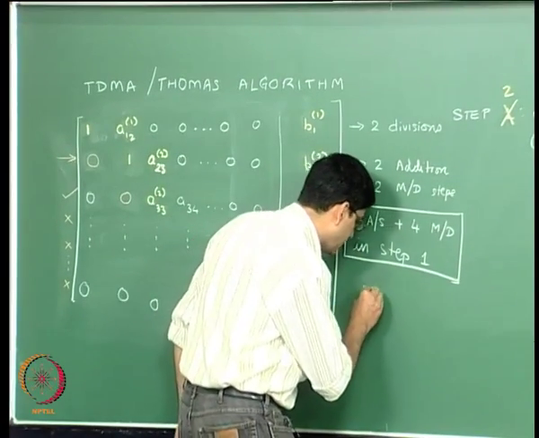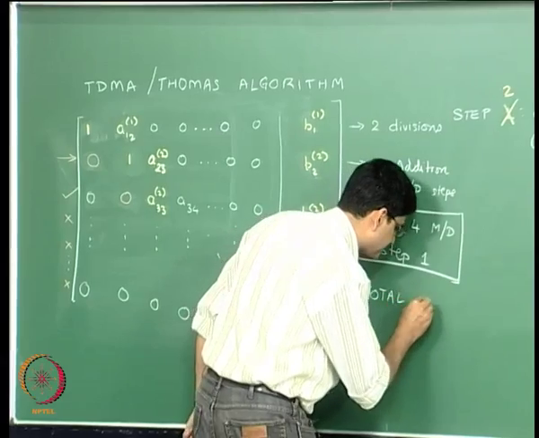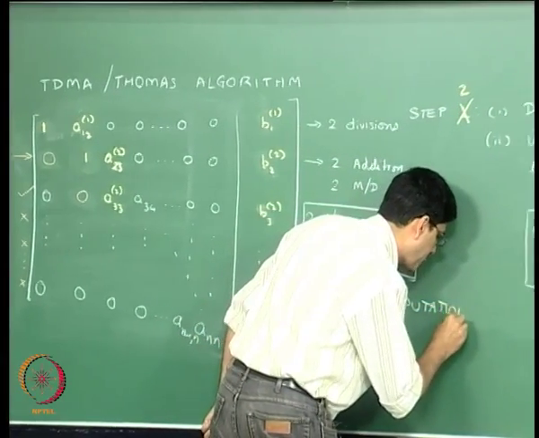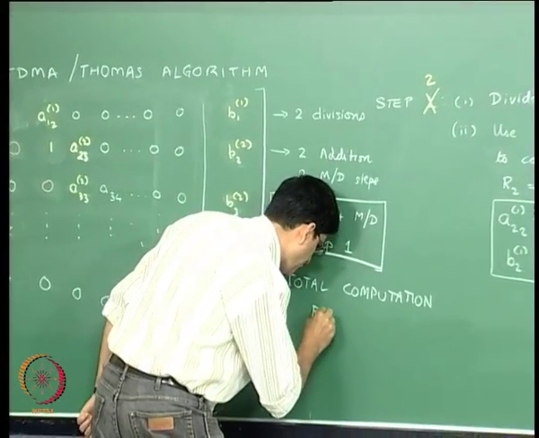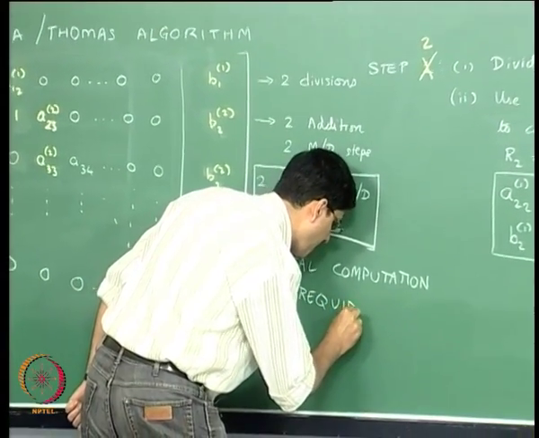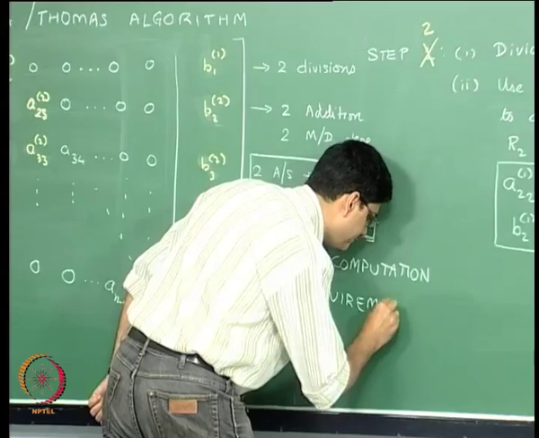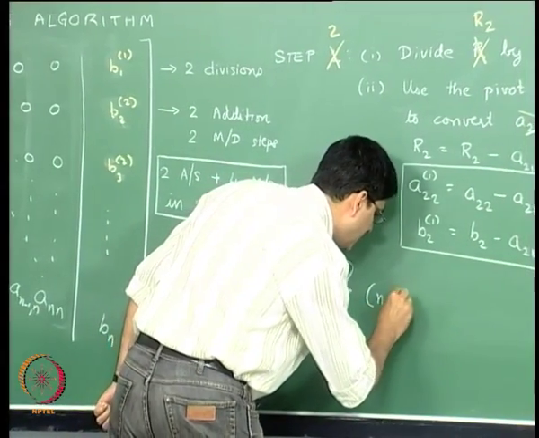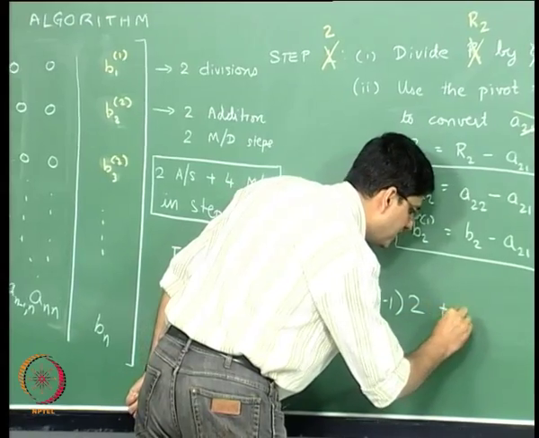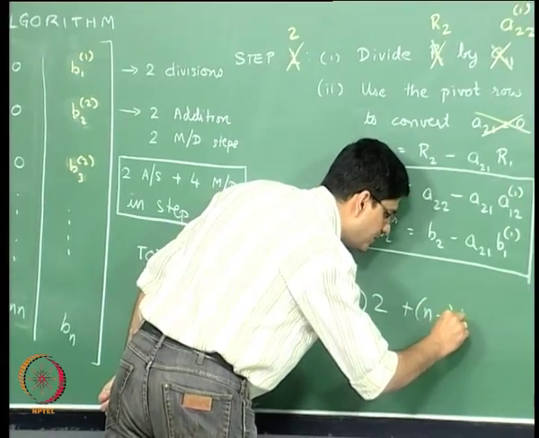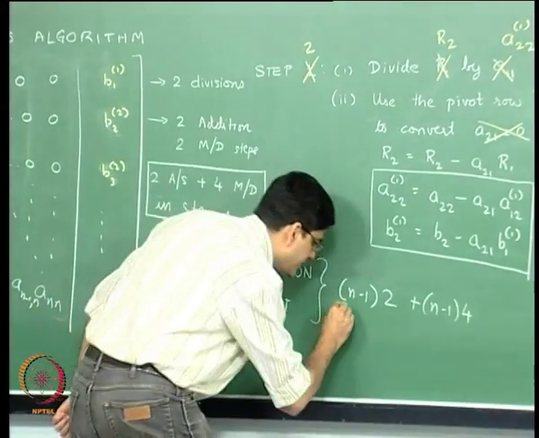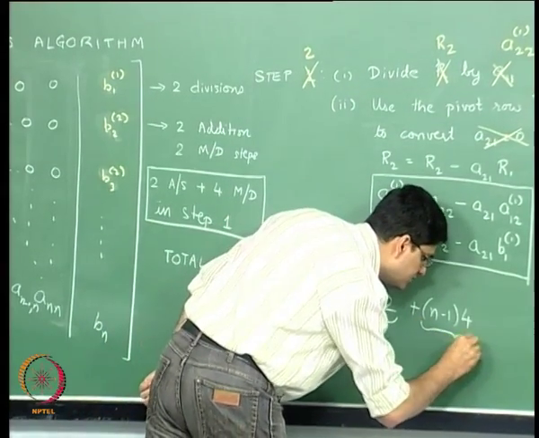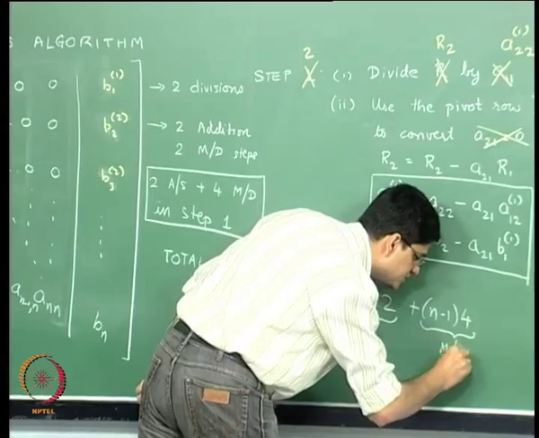So total computational requirement is going to be n minus 1 multiplied by 2 plus n minus 1 multiplied by 4. These are the addition subtraction steps and these are the multiplication division steps.